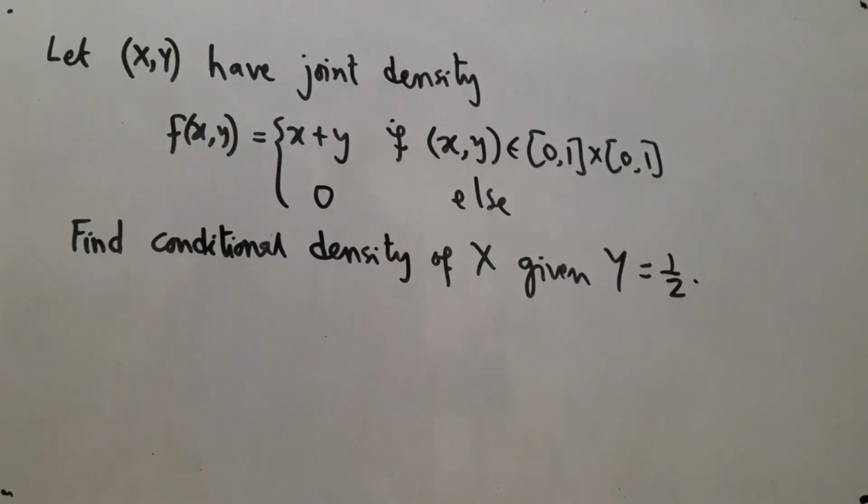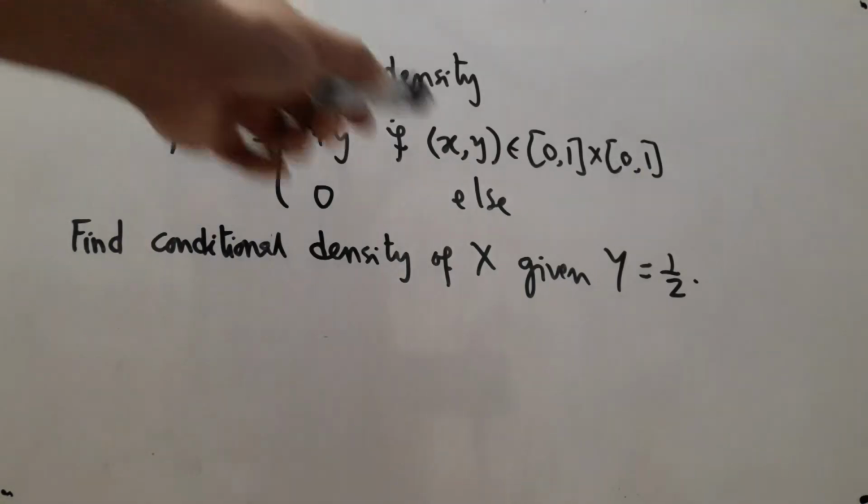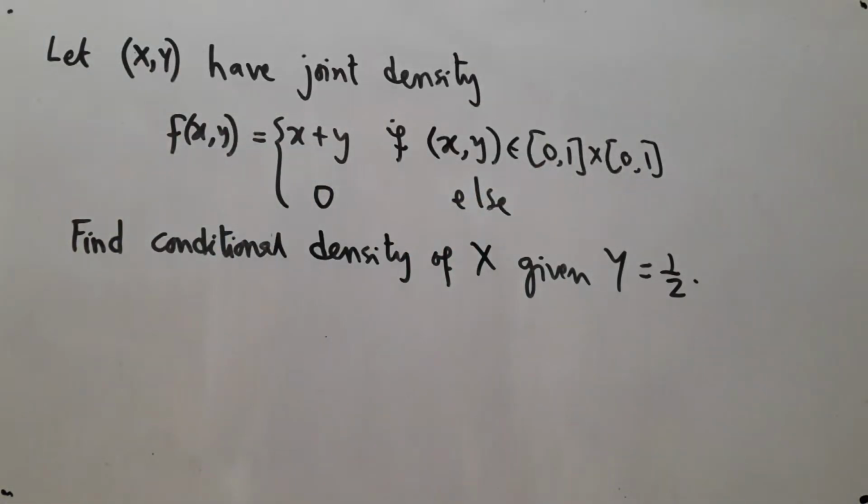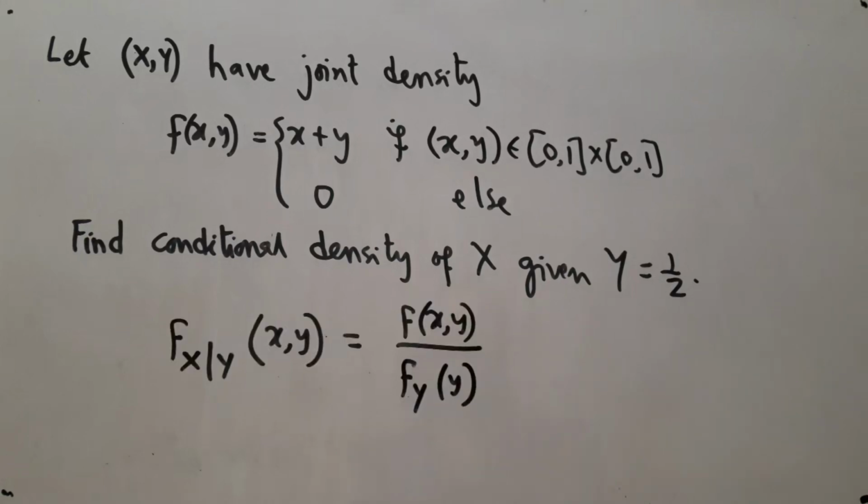In this exercise, I will take xy having joint density given by this formula. It sits over the unit square. You have to find the conditional density of x given y equal to half. In case you have forgotten what that formula was, I will write it down for ready reference.